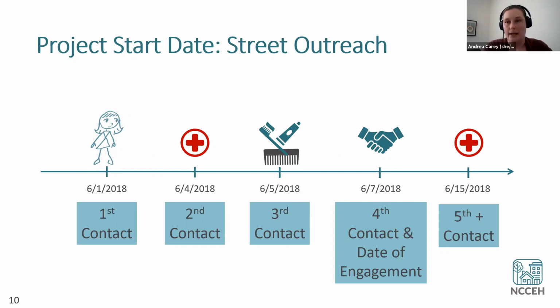Sometimes we might think of someone as fully enrolled once we have that date of engagement, once we have that housing plan, once we've had the privacy conversation. But our HMIS project start date is going to be that first contact. So it's going to be that June 1st date in this example. And that's because there's a lot of work that happens between that first contact and that housing plan, that date of engagement.